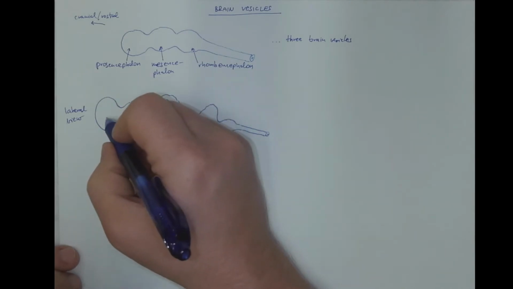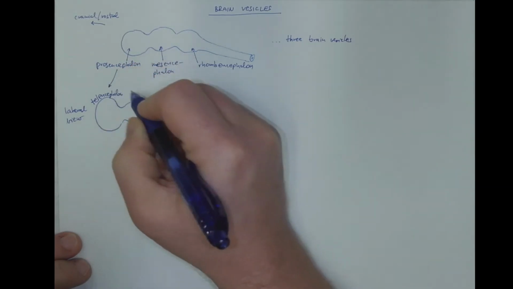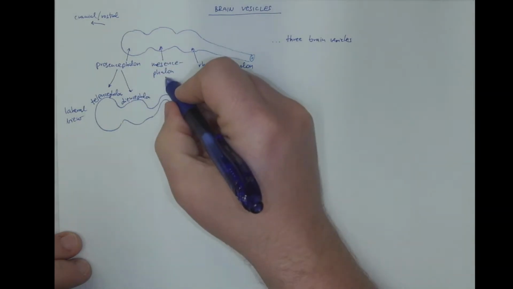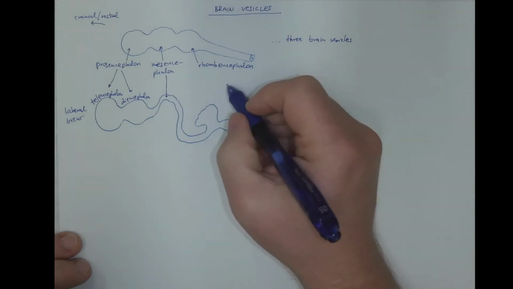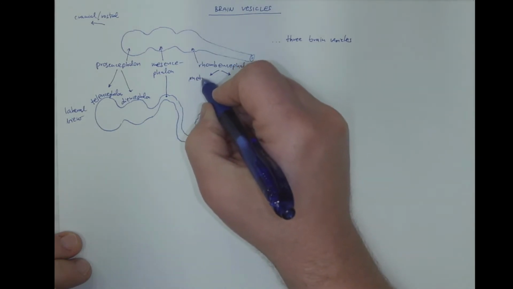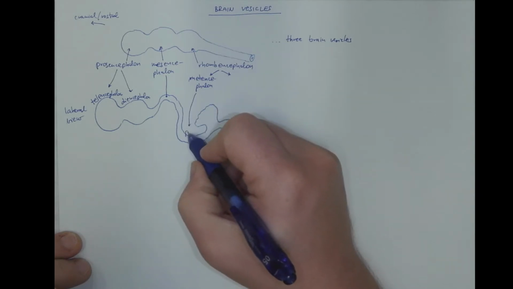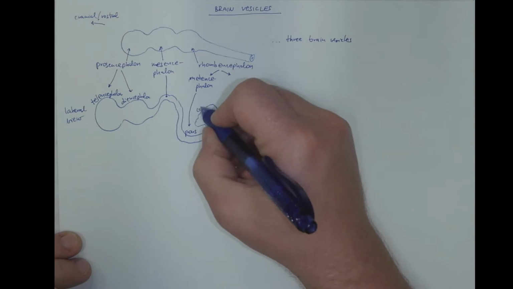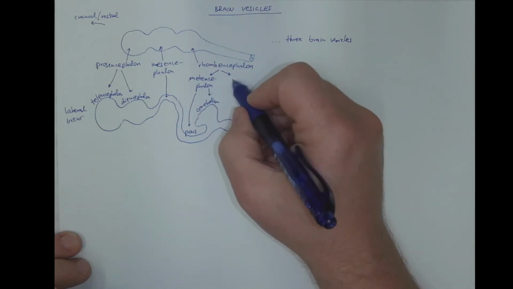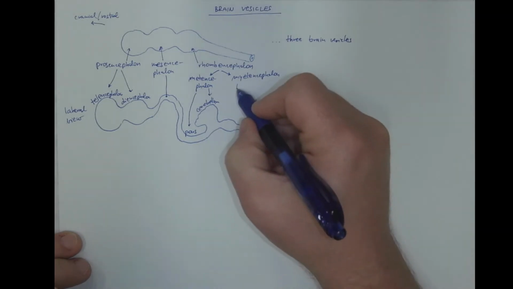And the prosencephalon is divided into the telencephalon and diencephalon, the mesencephalon stays as a mesencephalon, and the rhombencephalon is divided into a so-called metencephalon, that will give rise to the pons and cerebellum, and the second part of rhombencephalon is called the myelencephalon, which becomes the medulla oblongata.